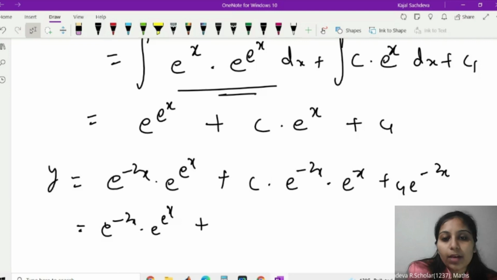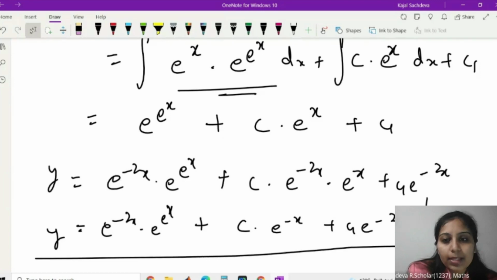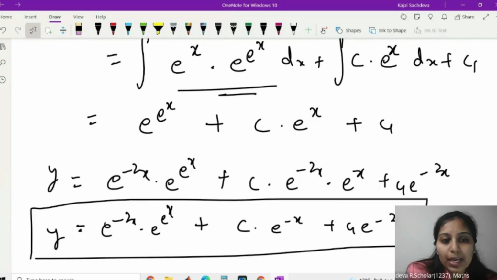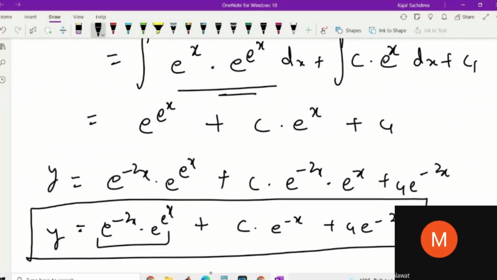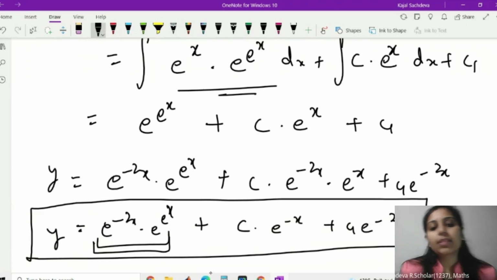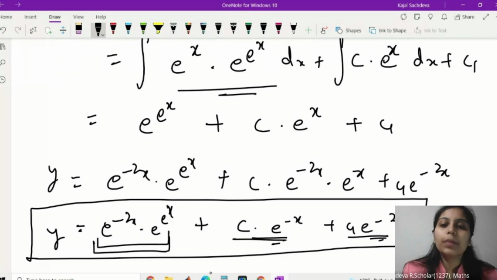But they have asked only about PI. So can anyone tell me, by this solution, what is PI here? Particular integral is what part? First term. Yeah, very good. The first term is our PI here, because the other terms contain constants, and constants always belong to the complementary function.